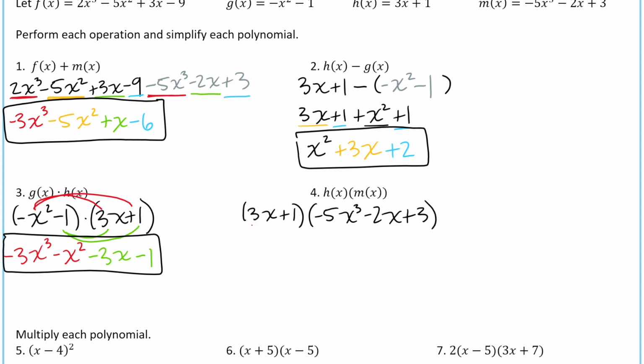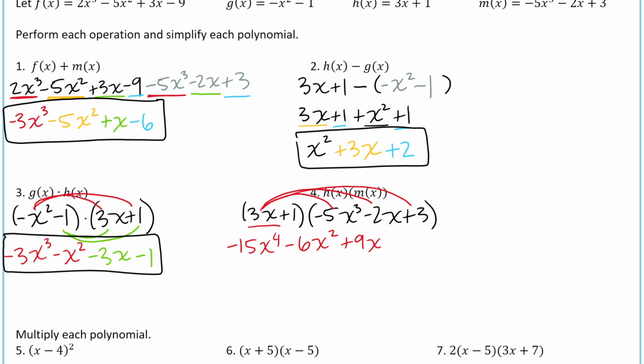Just like before, I just need to multiply 3x by everything in my second expression. So 3x times negative 5x cubed is negative 15x to the fourth. 3x times negative 2x is minus 6x squared. 3x times 3 is plus 9x.